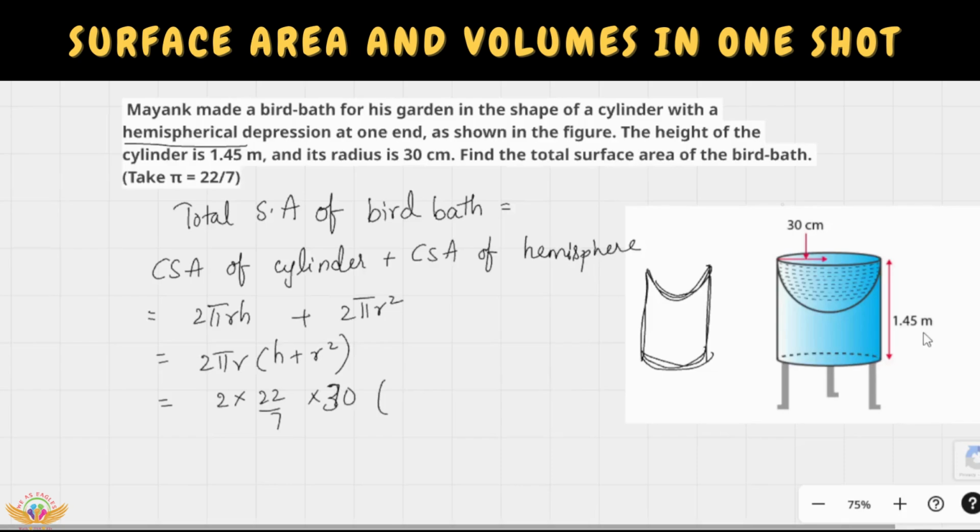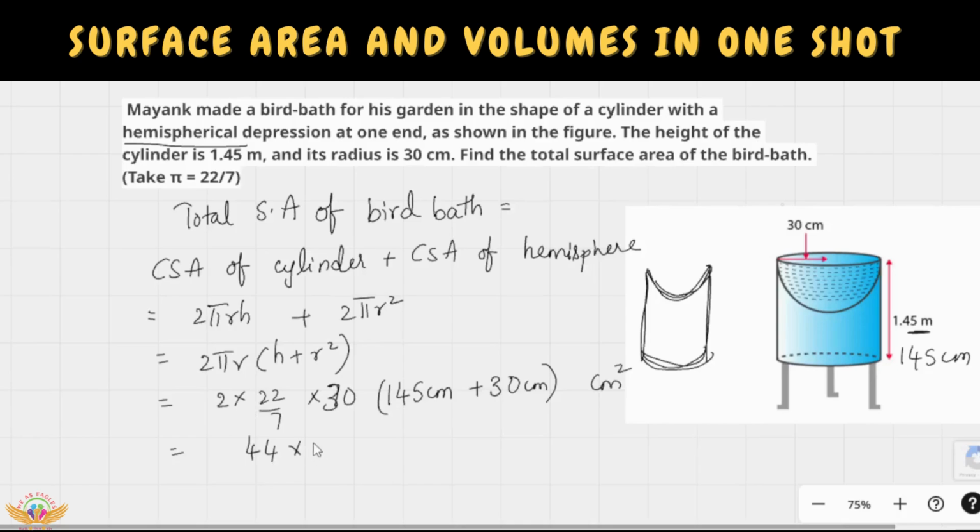So I'm converting it into centimeters: 145 centimeters. So 145 centimeters plus 30 centimeters. This is the total surface area, so it will be in centimeter square. Done. Now let us solve this.